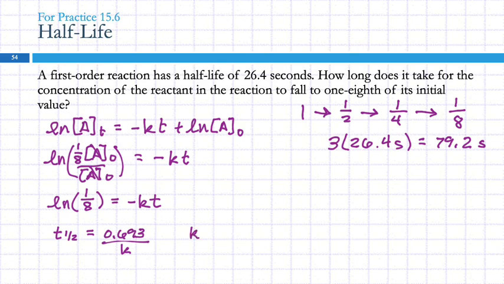So let's rearrange that. Then k is equal to 0.693 divided by the half-life. 0.693 divided by 26.4 seconds. 0.02625.